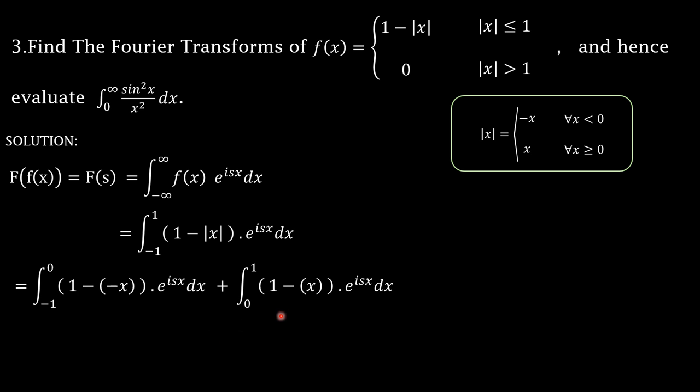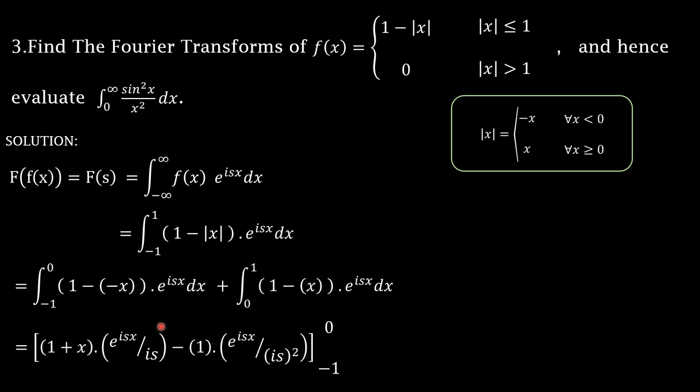Now evaluating these two integrals using Bernoulli's rule by choosing the first function as 1 plus x over here. So what you are going to get? First function into integration of second function. What is the integration of e to the power isx dx? It is e to the power isx divided by is, minus differentiation of the first function.